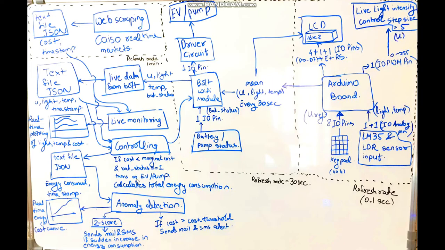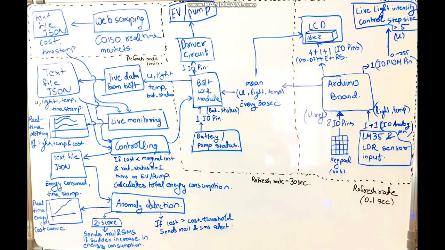So the next thing this code does is, if the battery status is 1, and it sees that the cost is less than the marginal cost and it has to charge the battery, then it will send a command to Bolt Wi-Fi that the cost is very low, so you can charge the pump.